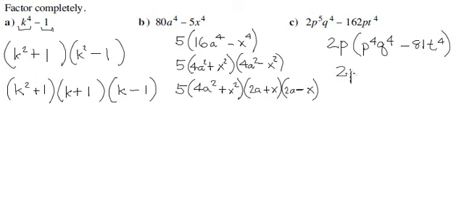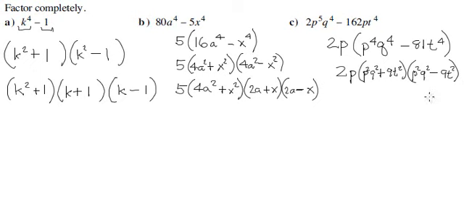So to factor that, we need 2 sets of brackets with a plus and a minus. P to the fourth, q to the fourth would have come from p squared, q squared, times, same thing again. 81t to the fourth would have come from 9t squared and 9t squared.